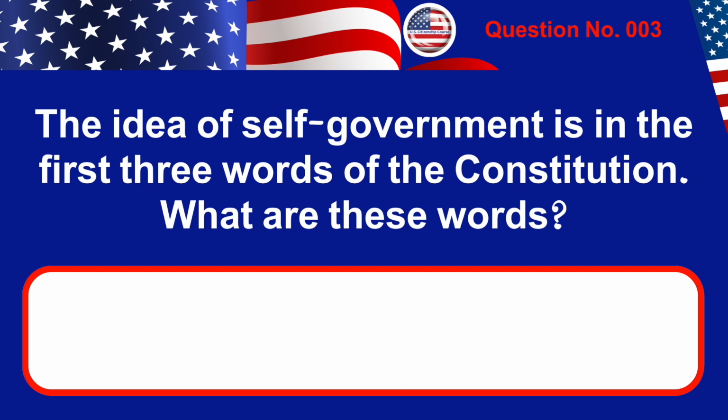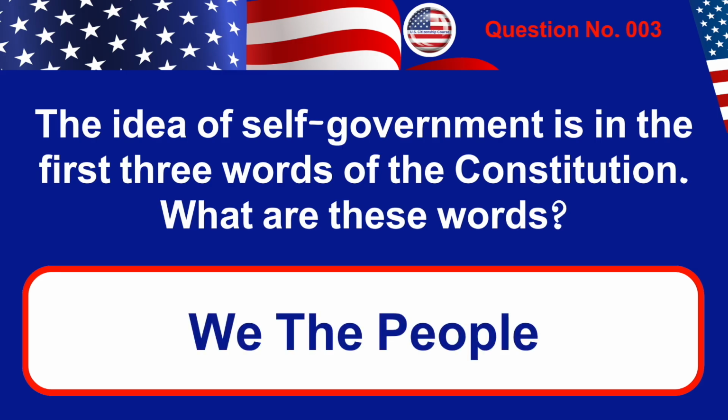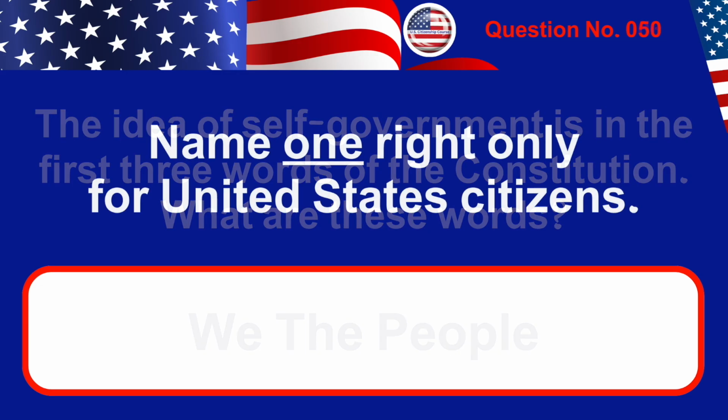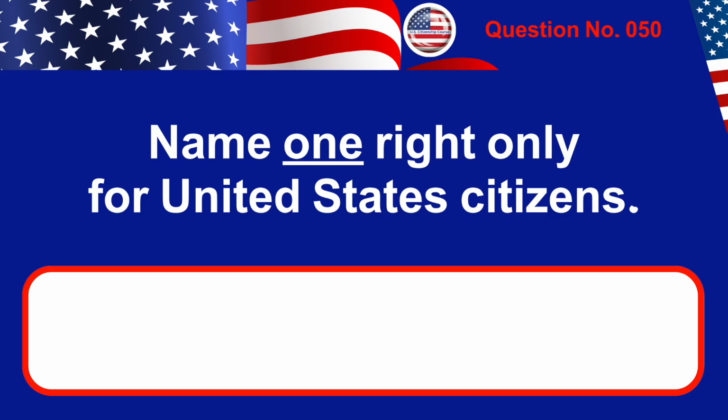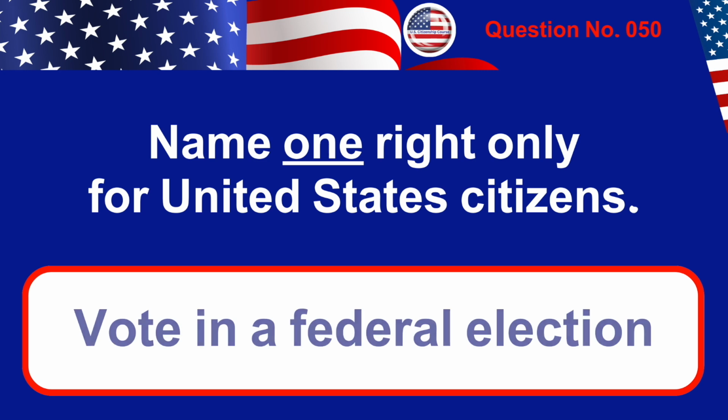The idea of self-government is in the first 3 words of the Constitution. What are these words? We the people. Name one right, only for United States citizens. Vote in a federal election.